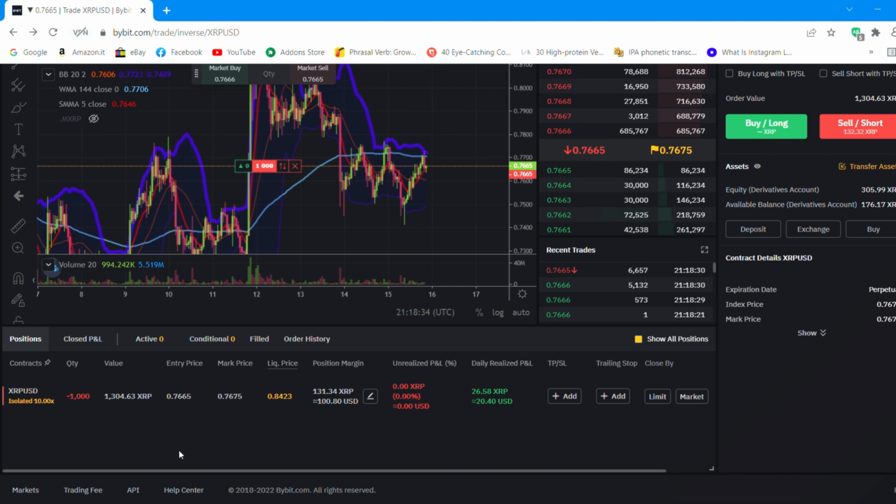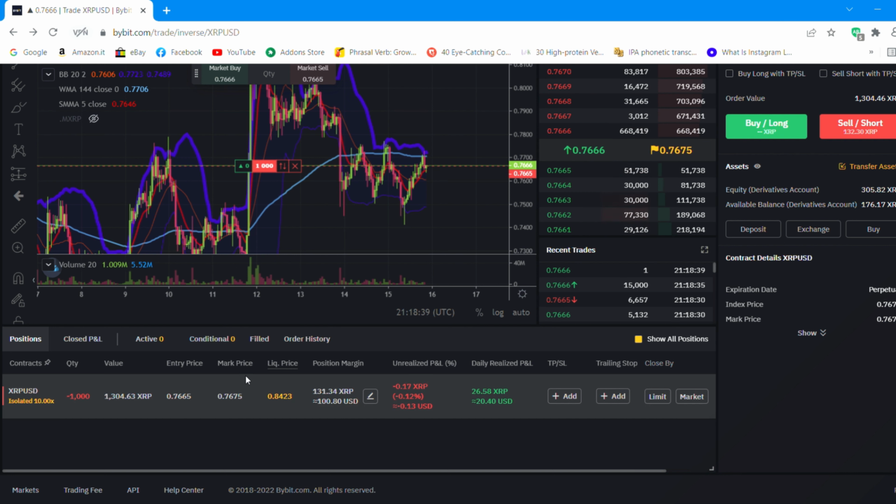So my position went in. Once I have an active position, I can see it. It's a sell one. We see the red. Obviously, we have the liquidation here. For XRP, there's generally about 8 points.